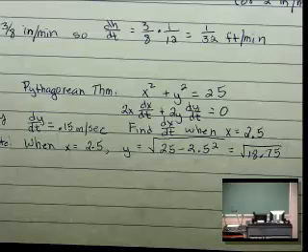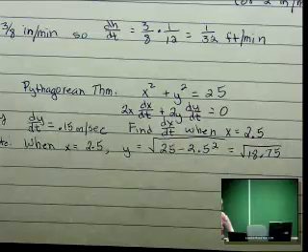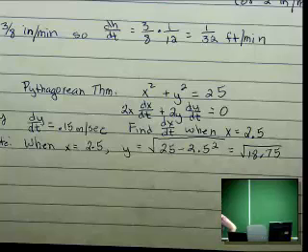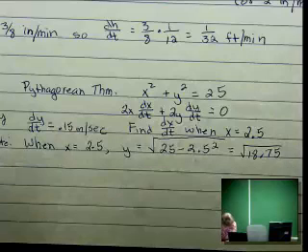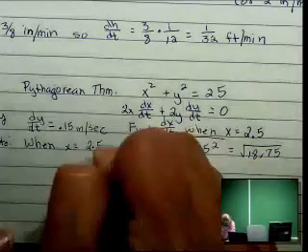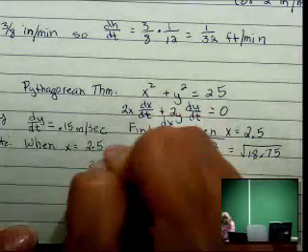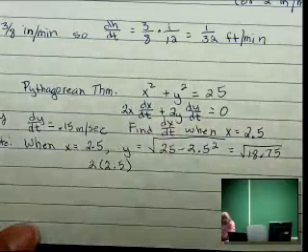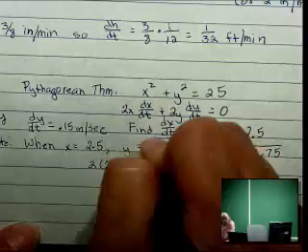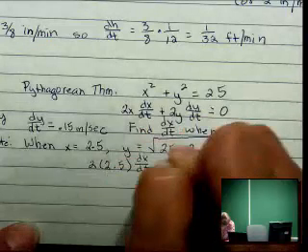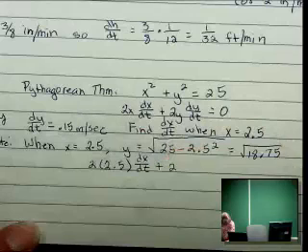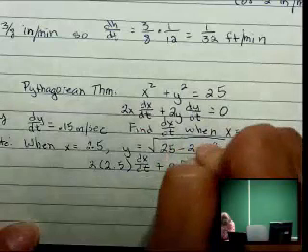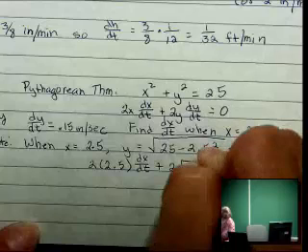Now we have everything we need to substitute into our differentiated equation and solve for dx over dt. 2 times x, which is 2.5, times dx over dt, that's what we're looking for, plus 2 times the square root of 18.75 times dy over dt, that's our 0.15.